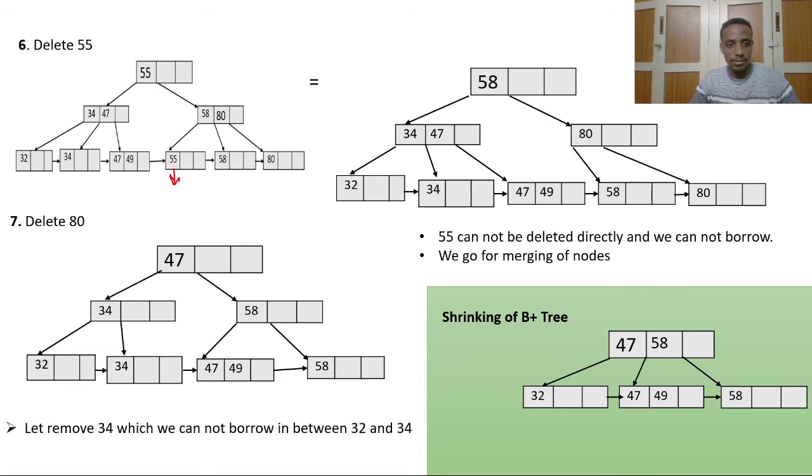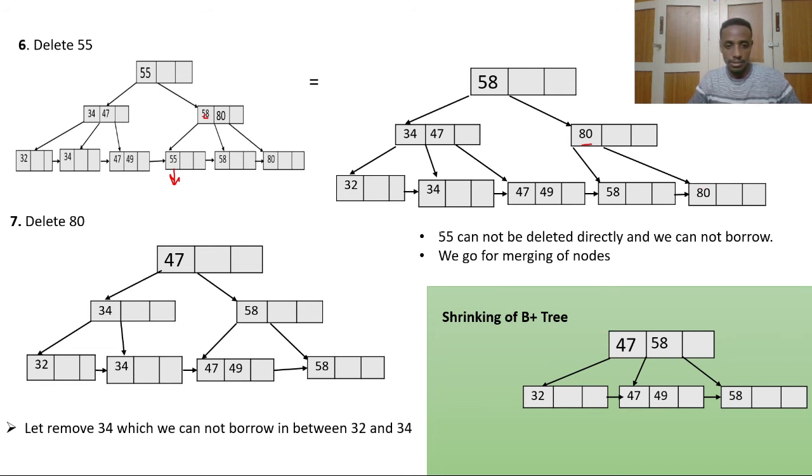So these will be merged together, and when we delete this 55, it will take the key value of the minimum of the right child, that is 58, to go up and fill this space. So 58 and 80 will go and take this place. So 80 came here. So the left child of 80 will be 58 and the right child of 80 will be 80.